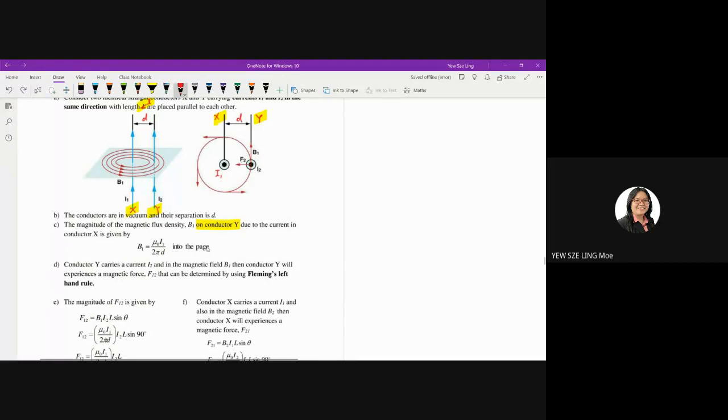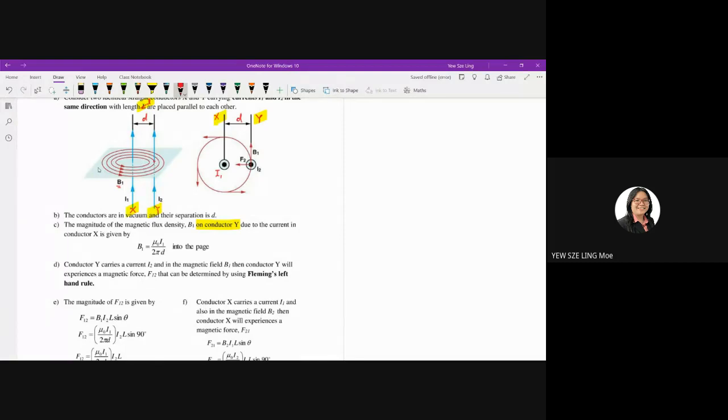So what you want to look at is the magnetic field generated by the neighbors and hitting on the conductor itself. So in our diagram right here, conductor X generates B1 and B1 is hitting my conductor Y. And this is the B that we want to calculate.